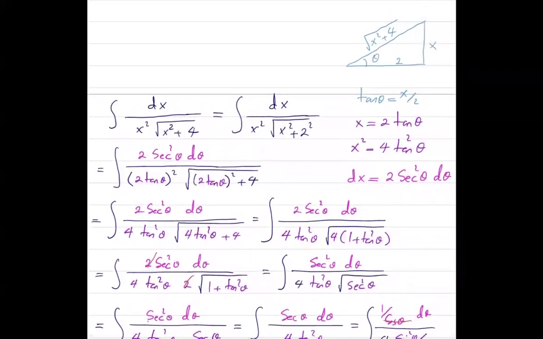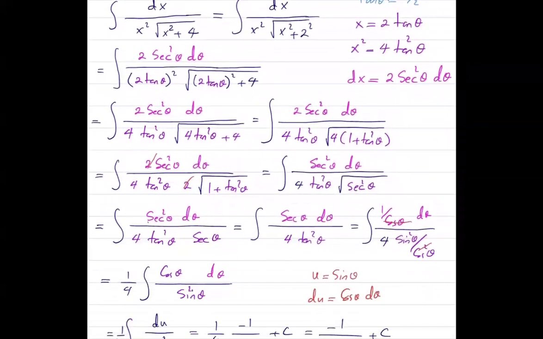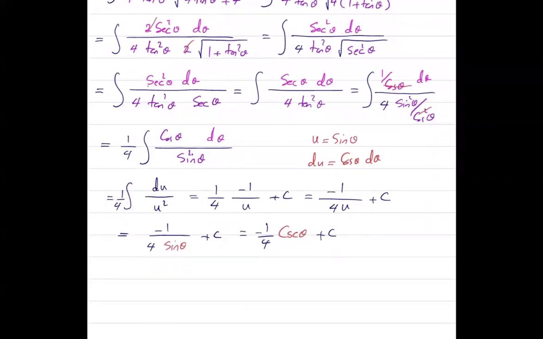So we are going back to the right triangle that we had, with sides 2, x, and square root of x squared plus 4. This was my theta, and the hypotenuse is the square root of x squared plus 4. So if I ask you to write cosecant of theta, which is 1 over sine theta, this is r divided by the length x.